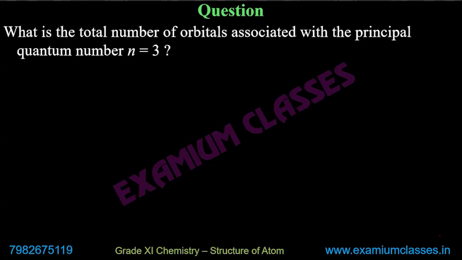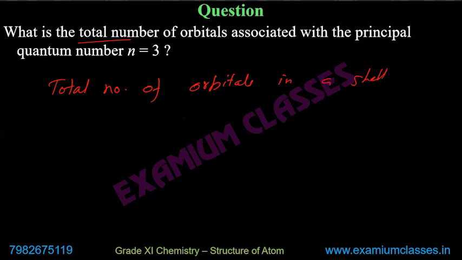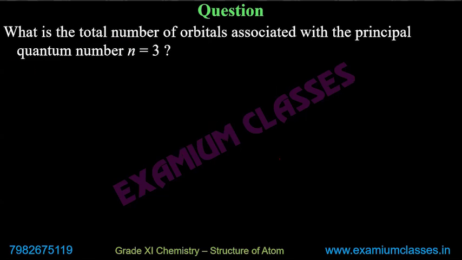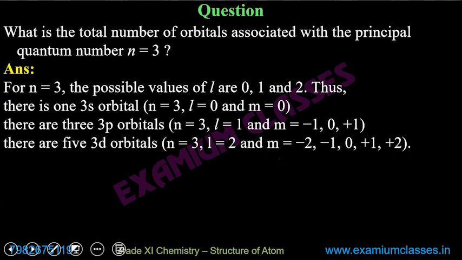What is the total number of orbitals associated with the principal quantum number n equals 3? The number of orbitals in a shell is n square. Sir, here it is asked in a shell. You can anyway calculate by what we have done already. For n equals 3, you will have l equals 0, 1, and 2.